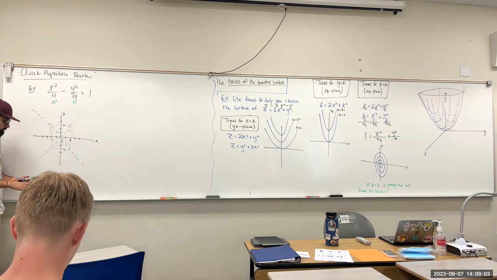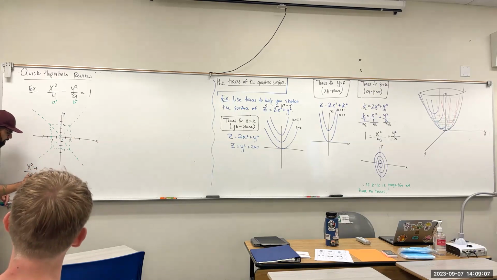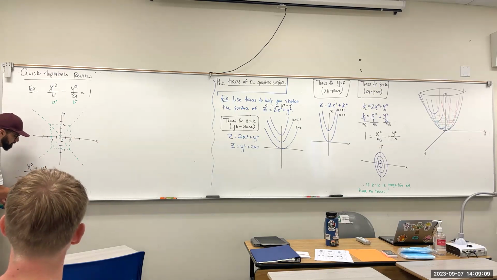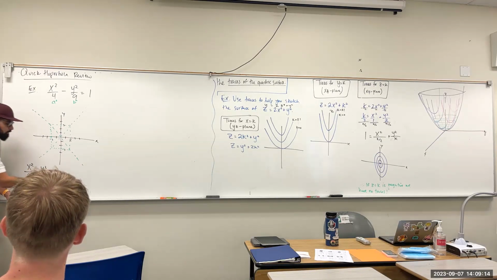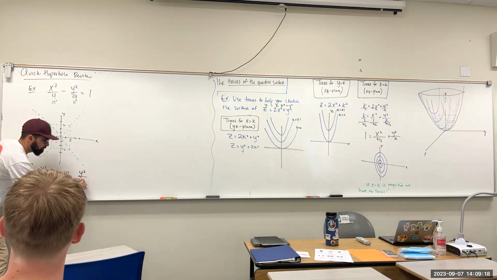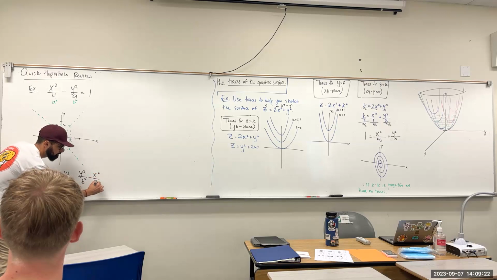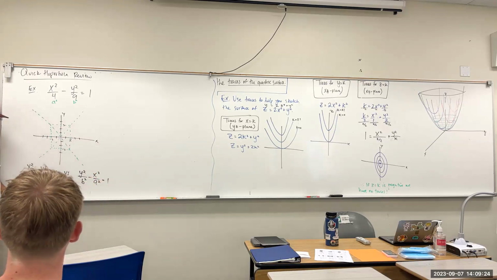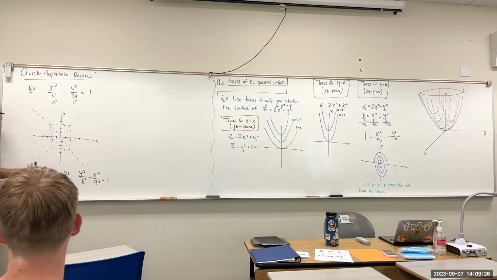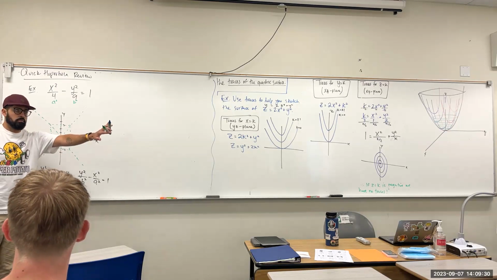If you have the x squared that's positive versus if you have the y squared that's positive. The variable that's the positive one, that's the direction the hyperbola is open to.